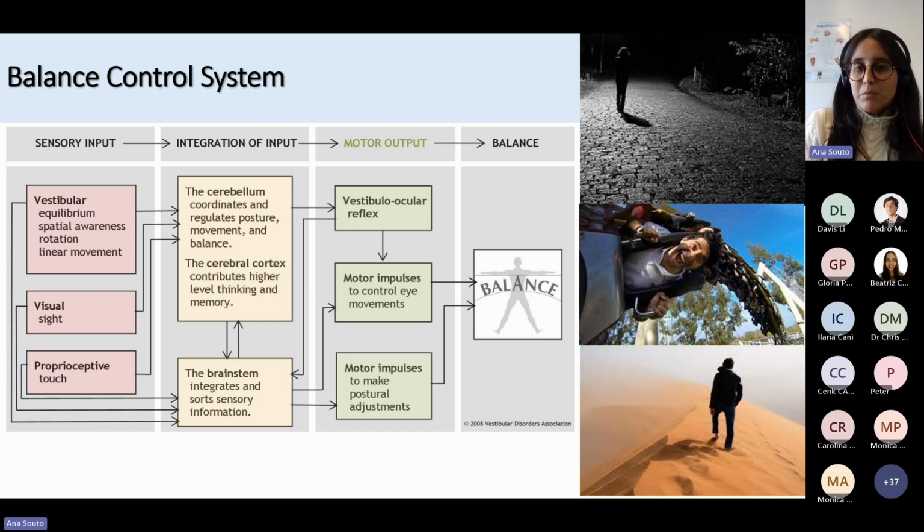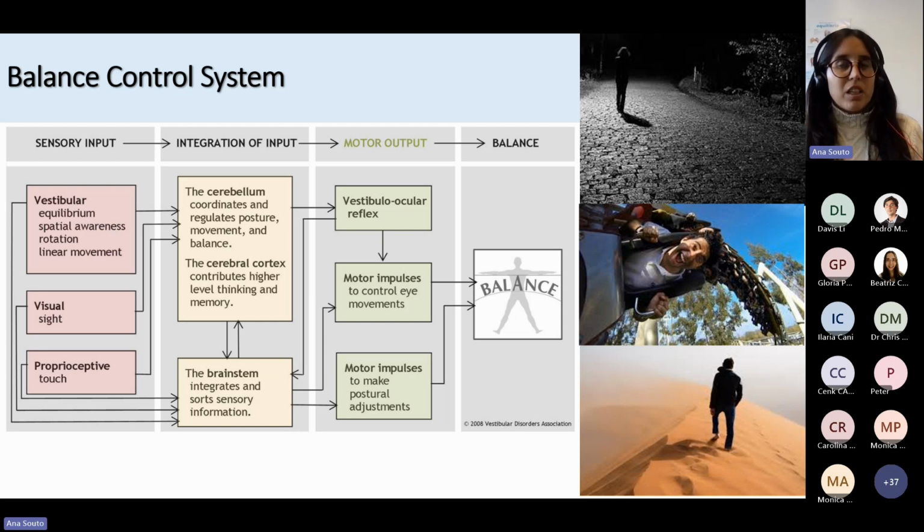Now the visual input is also decreased, and so she will have problems balancing. And so we can think about strategies to prevent any accidents, for example, walking with a cane at night, or even for our rehabilitation process. This is important.